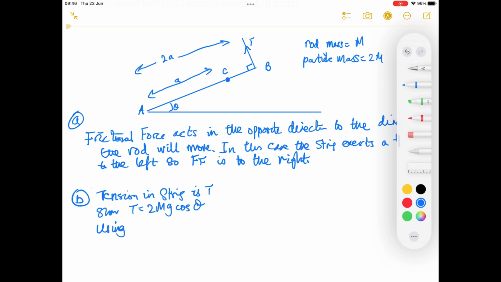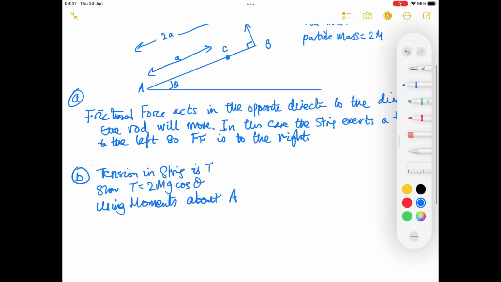All right. So now what we're going to do is look at moments from point A. What we need to do here is look at the actual moments perpendicular to the rod. So you've got the two masses, the mass of the rod and the mass of the particle. Let's have a look at the mass of the rod.